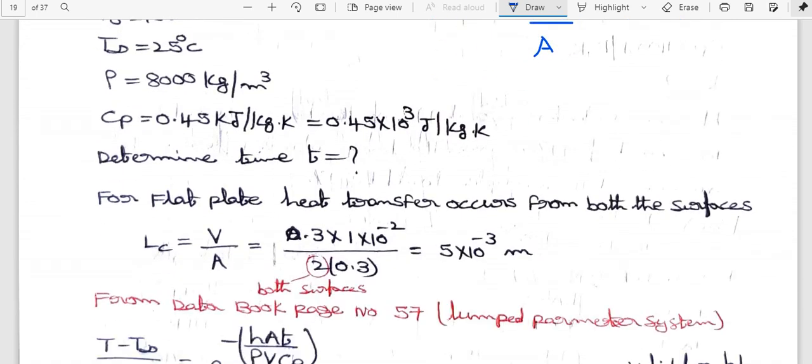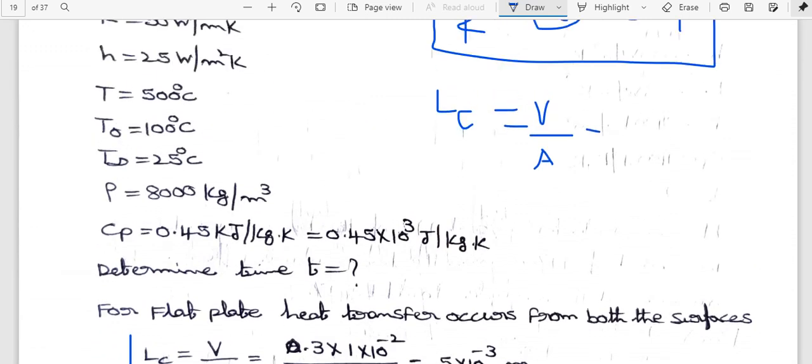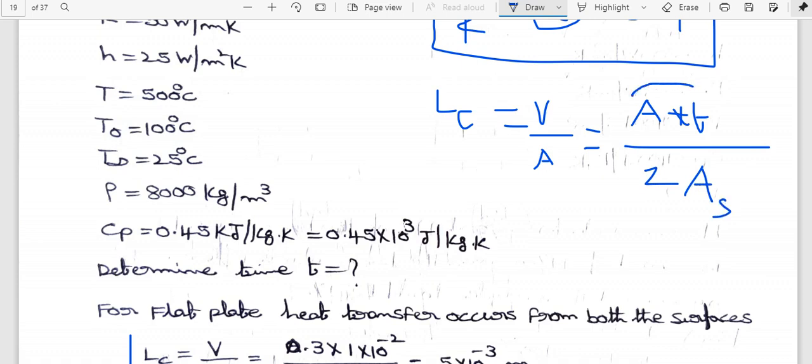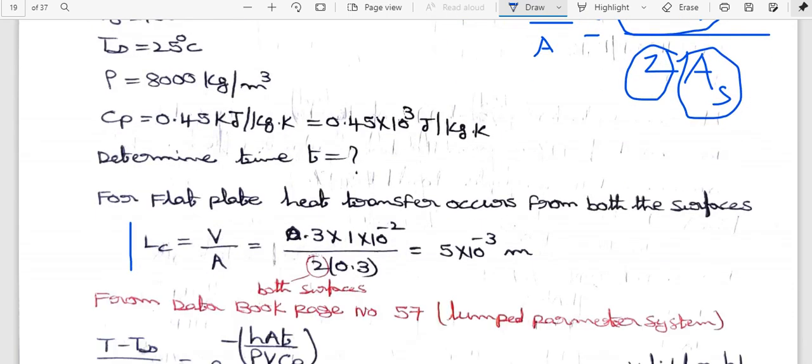So Lc equals V by A, which is surface area into thickness, divided by 2 into surface area. This is the volume, and this is the surface area into 2.